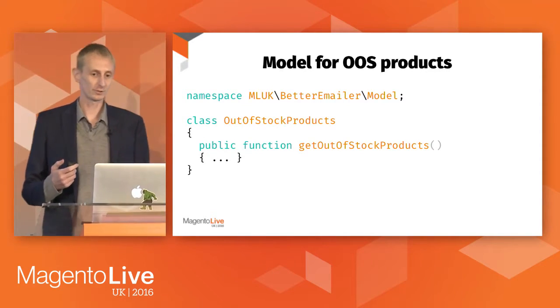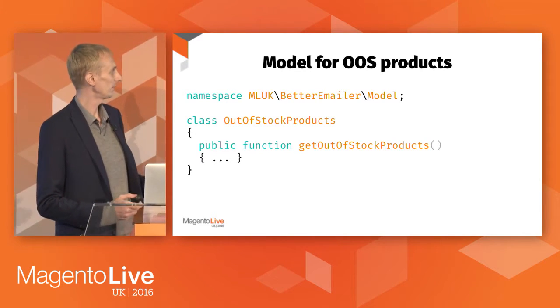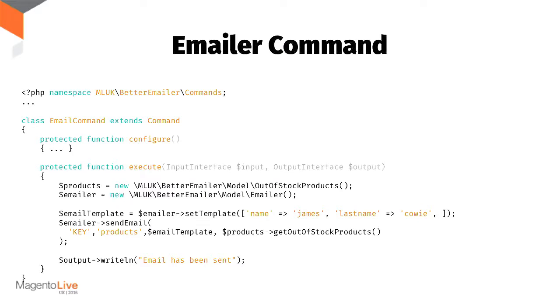For the out of stock products, again, this time our class just is the out of stock products. So maybe we can inject into it the data that we want to loop over. So we pass into this class all of the products and say, just get me out of this array, what products are out of stock? And the emailer command then comes quite a little bit smaller.